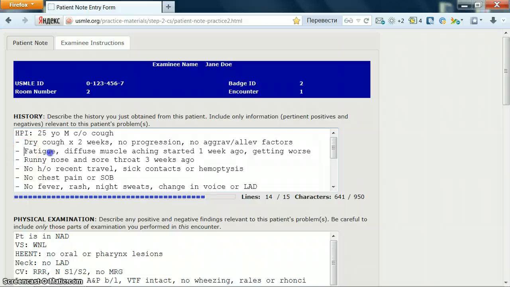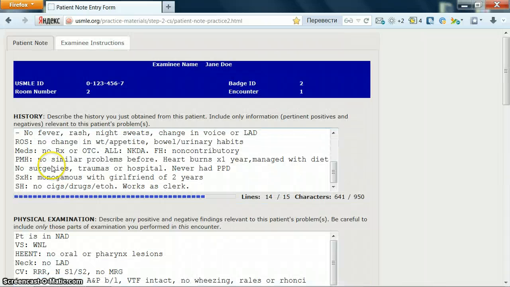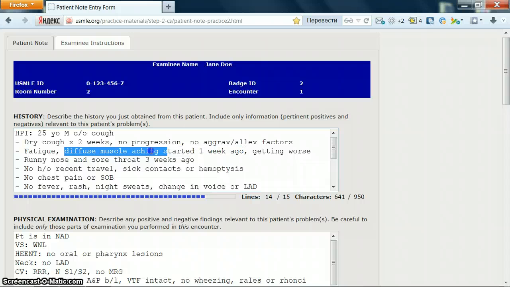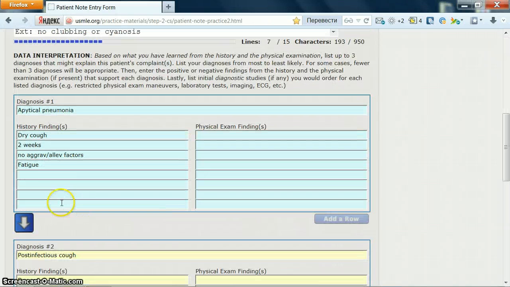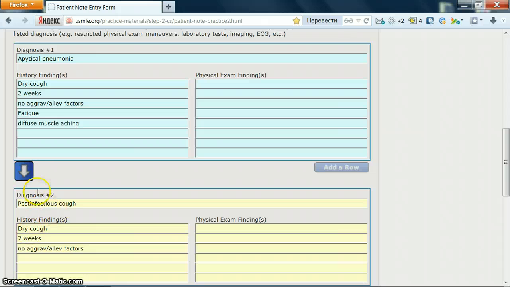Okay, fatigue often accompanies atypical pneumonia. Diffuse muscle aching. What else? Upper respiratory infection symptoms go in both lines, and also young age. Atypical pneumonia is usually common in young age, so it also will go in support.